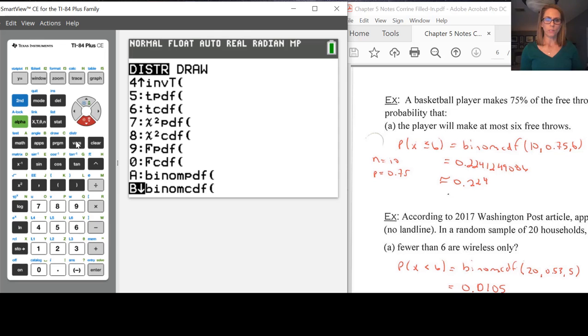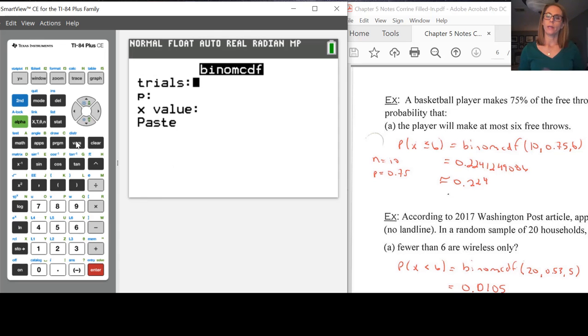So we're going to use Binom Cdf. And then in this case, we have 10 trials, 10 free throws. Probability of success, 0.75. This always needs to be put in as a decimal or a fraction, but at the very least, can't be anything other than that. And we want to know at most 6. So we put in 6.